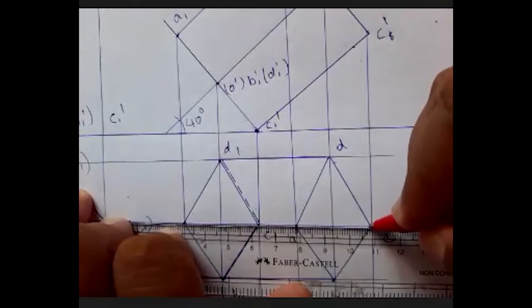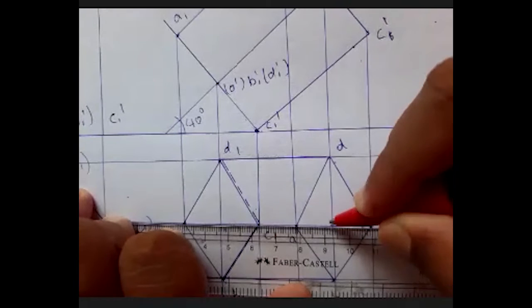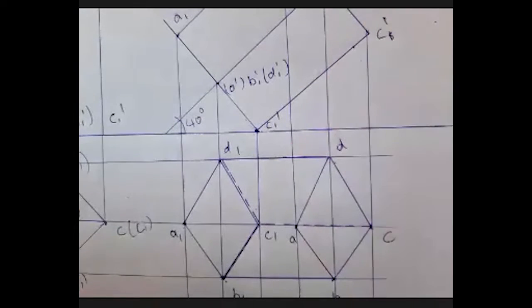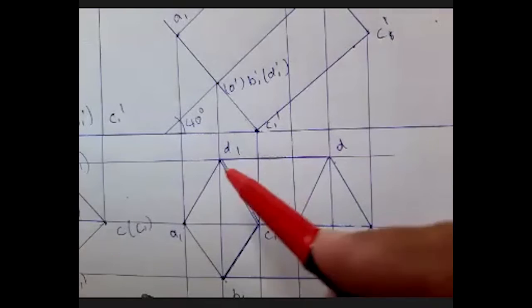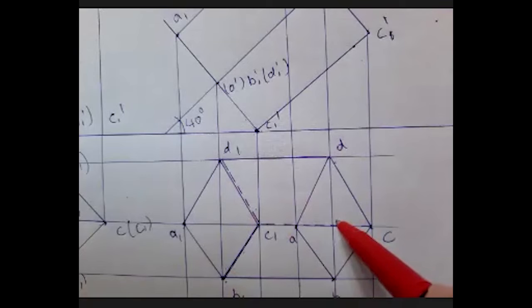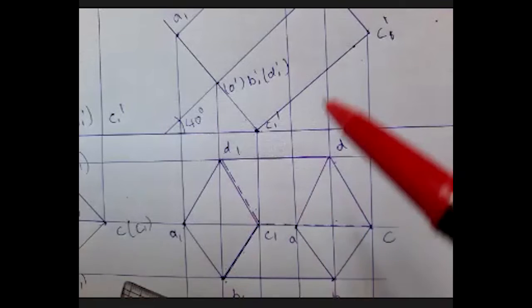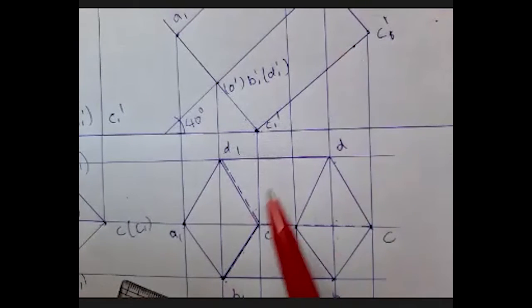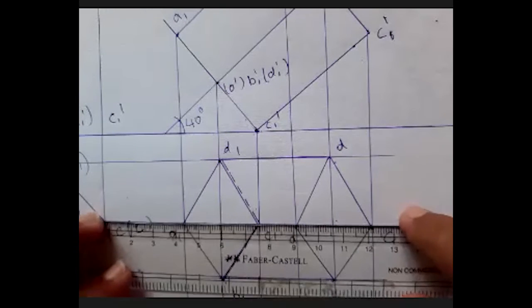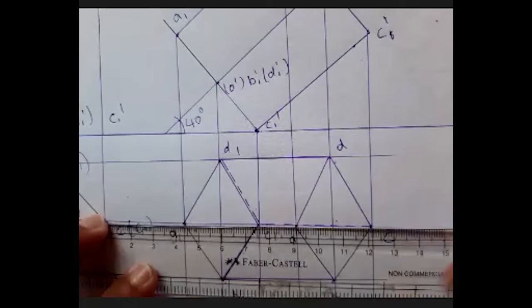When it is like this, it will always be in a Y shape, two small and one large. I have joined DD1, CC1, BB1 here. I have not joined A to A1, so I just draw a line from A to A1.